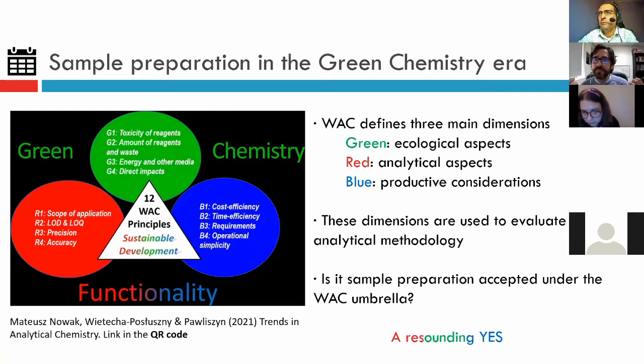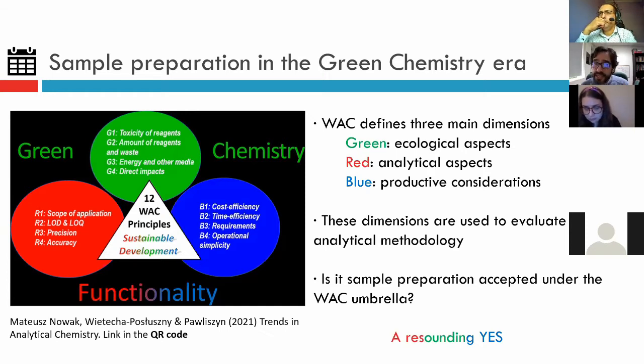And the answer is very simple. It's a resounding yes. We have to keep in mind that the main aim of analytical chemistry is to obtain information about chemical systems. So this is our main objective.